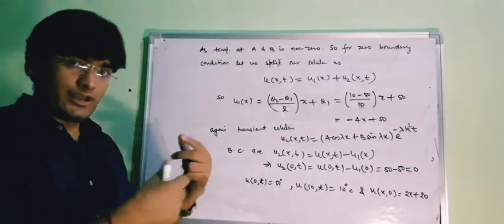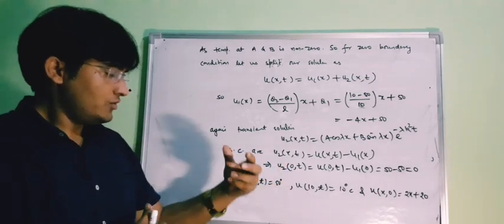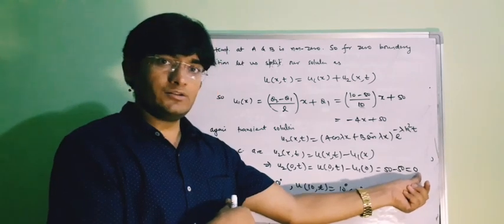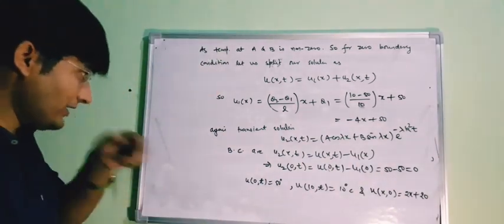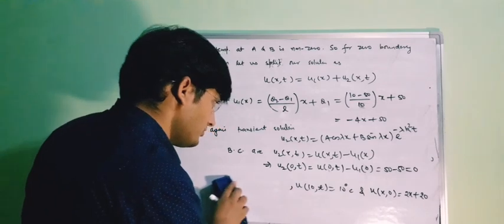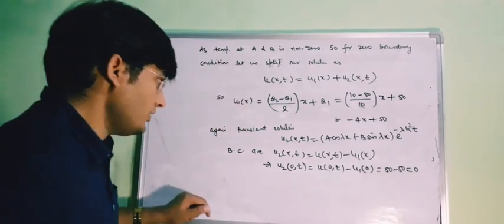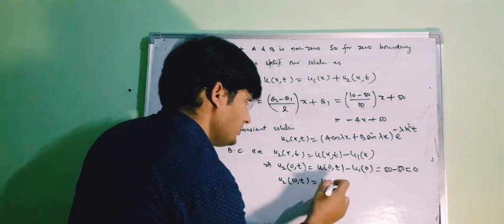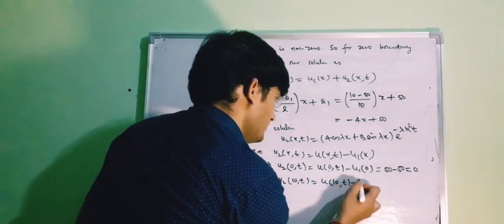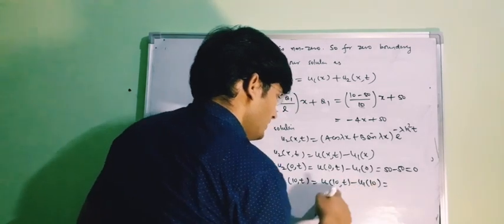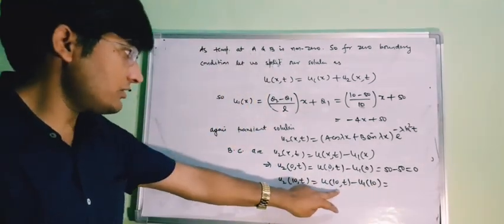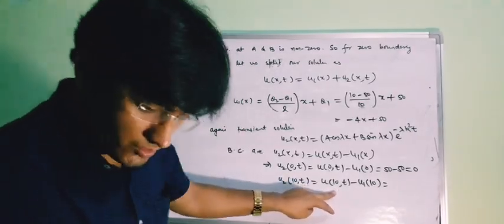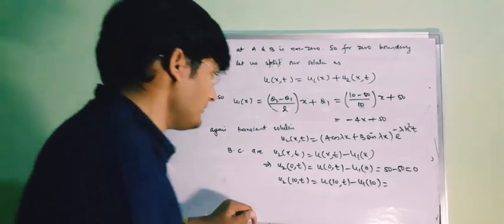Hence you can say that we are able to make our temperature at the ends 0. Similarly, when the length of the rod is 10, this will be u(10,t) minus un(10).